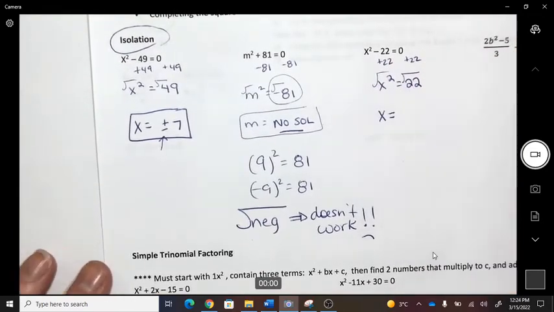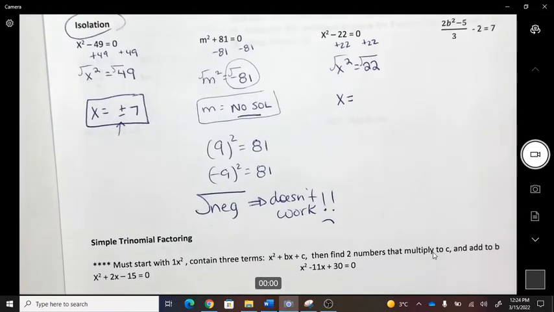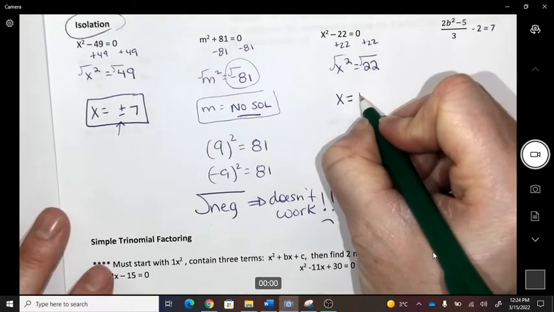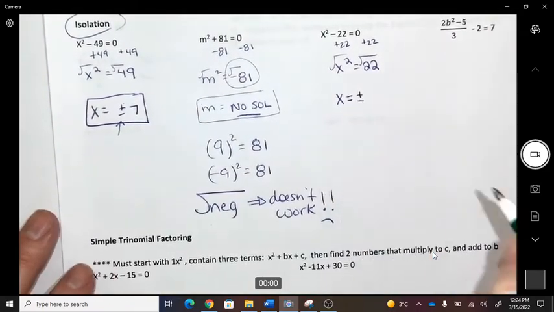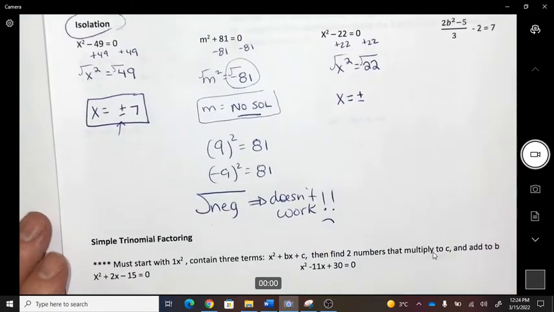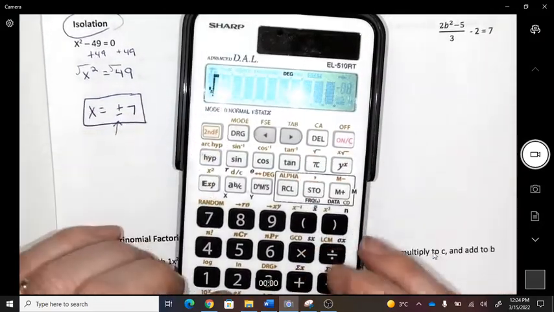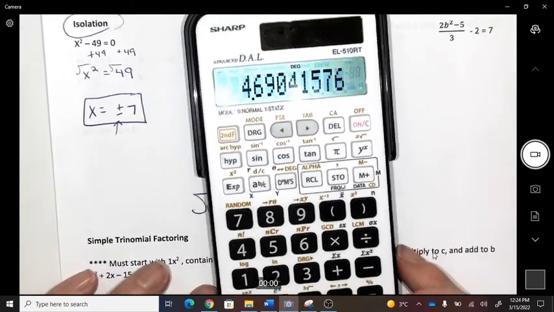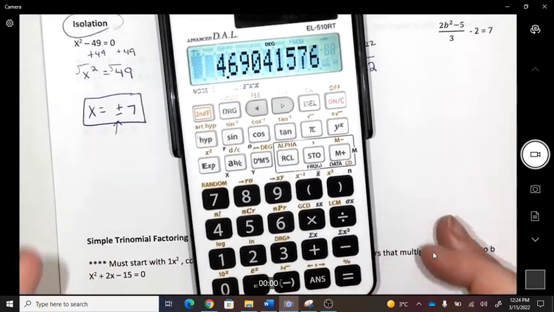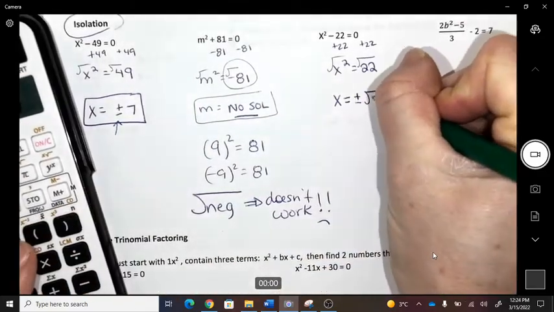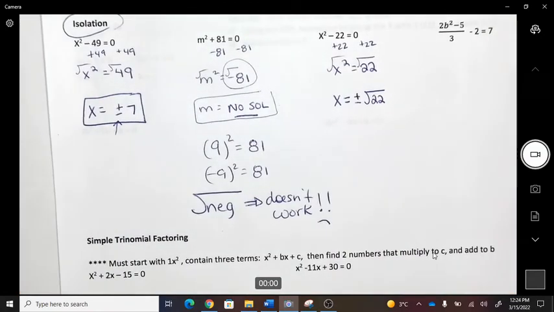What's the first idea I'm going to write here before I even know what number it is? I'm going to write plus or minus. And you know what? If your number is not pretty, so if it doesn't come to a nice exact number, that doesn't stop, we're going to leave it. Because I don't need to write a number if it's going to be a decimal that doesn't quit.